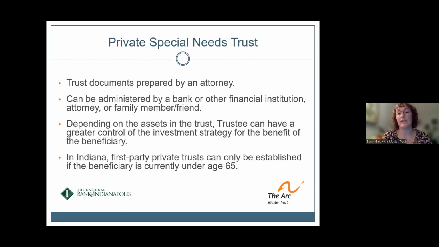In Indiana, it's very important to know that first-party private special needs trusts can only be established if the beneficiary is currently under the age of 65. If an individual has an existing first-party private special needs trust and then reaches past age 65, that beneficiary can no longer contribute to that private special needs trust.